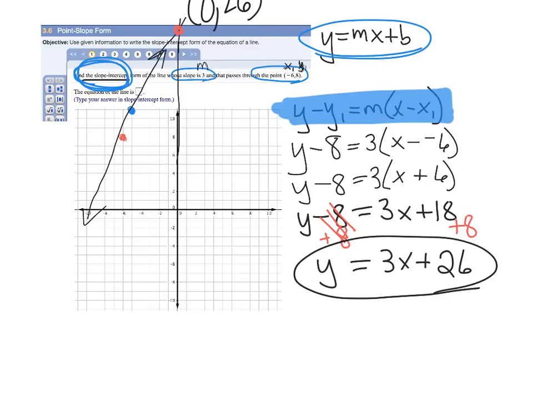And then what you did is you filled in your values, and eventually you worked your algebra until you ended up with your slope-intercept formula. And it's called the slope-intercept formula because you have your slope and your intercept, your y-intercept.